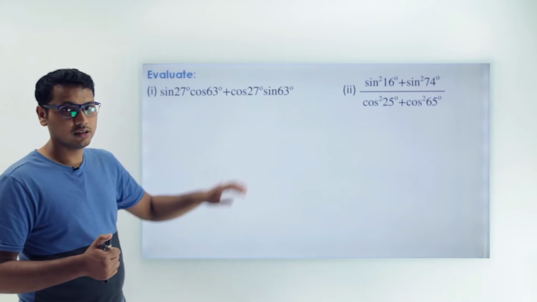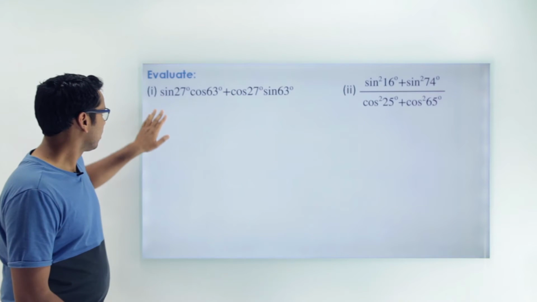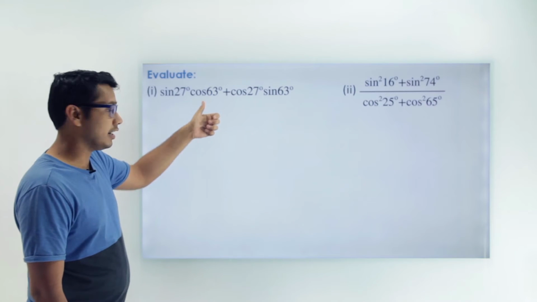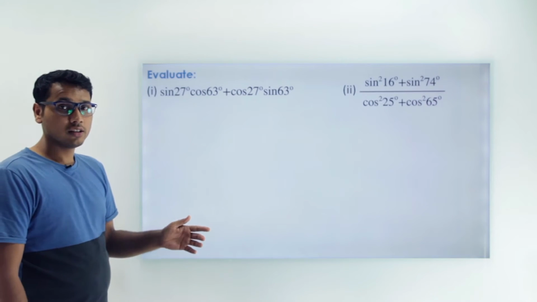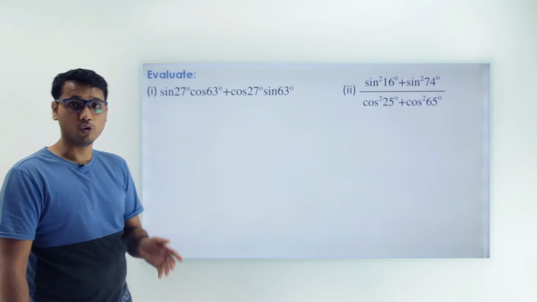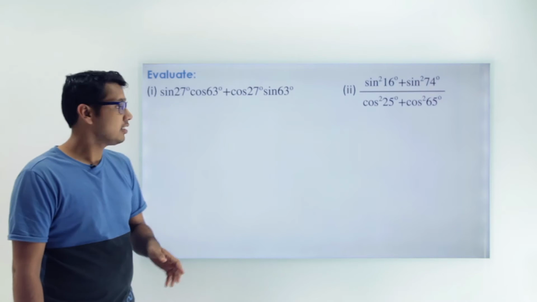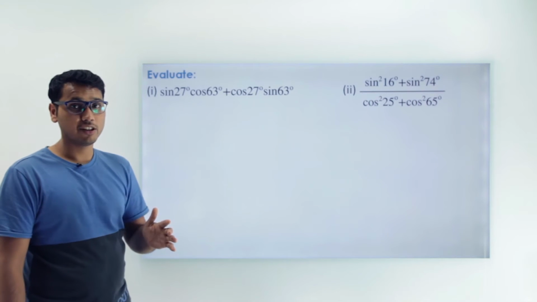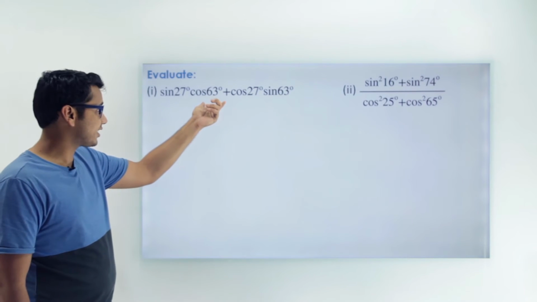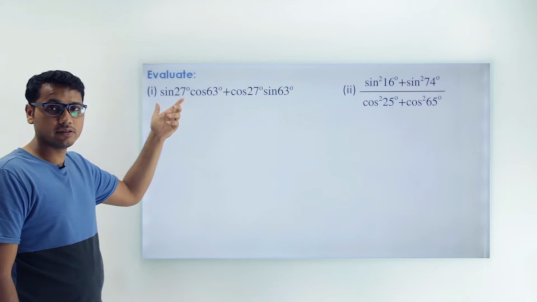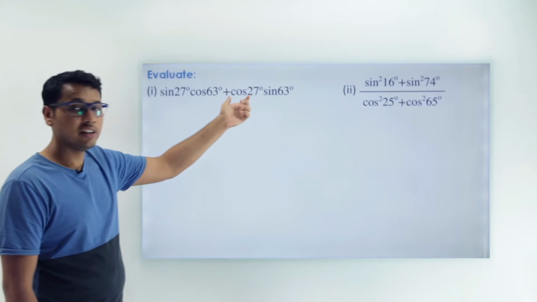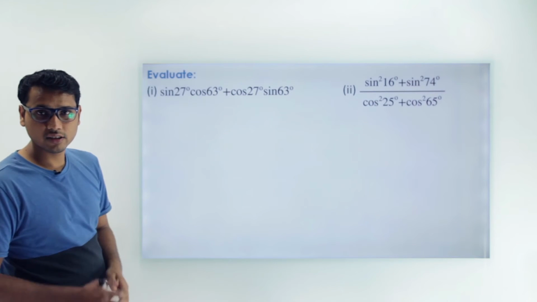If you add the two angles 27 and 63, the sum comes out to be 90 degrees. So these two angles are complementary to each other, and hence we can change 63 into 27 degrees terms. So let's do that.